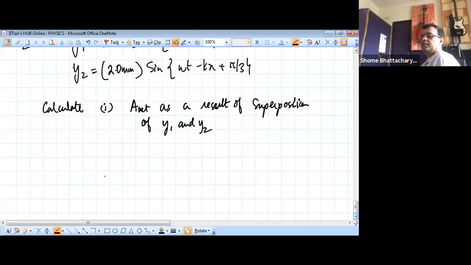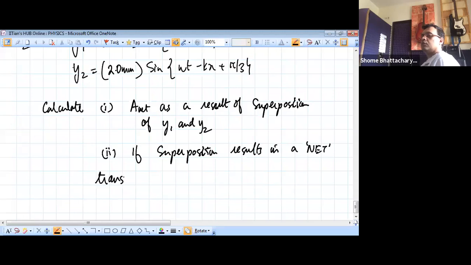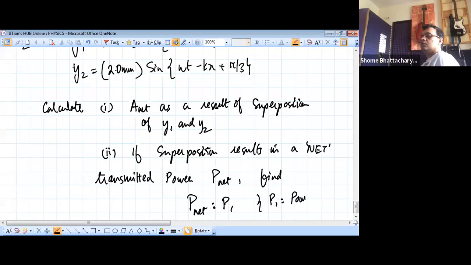And secondly, if the superposition results in a net transmitted power of P net, then find the ratio of this P net to P1, where P1 is the power transmitted through wave 1.